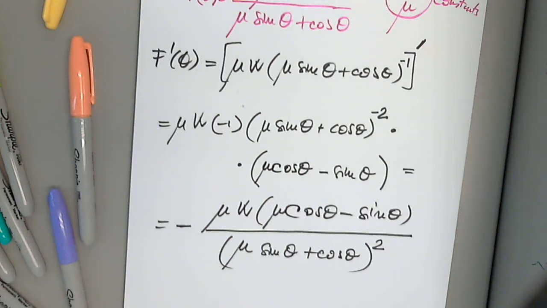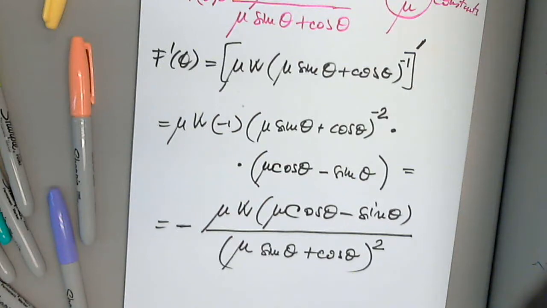Is this okay? We just did the chain rule. Yes. So now, minus in front, mu W at the top because they have power 1. This piece has power 1, so it stays at the top. And this has -2, so it goes to the bottom.